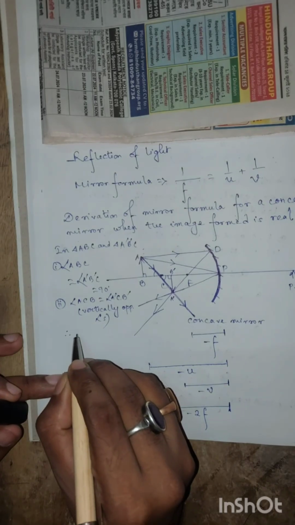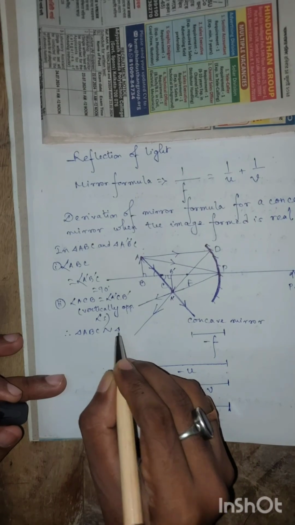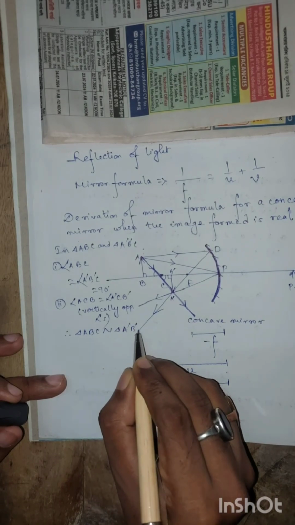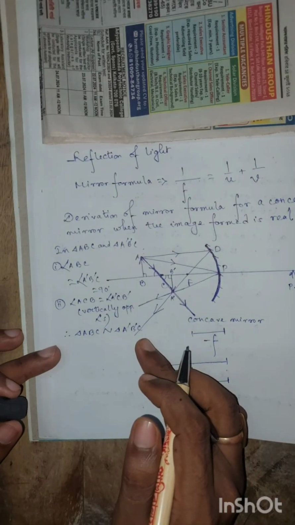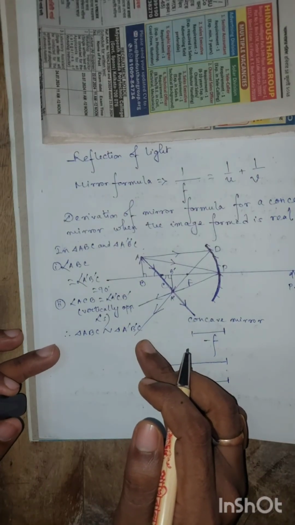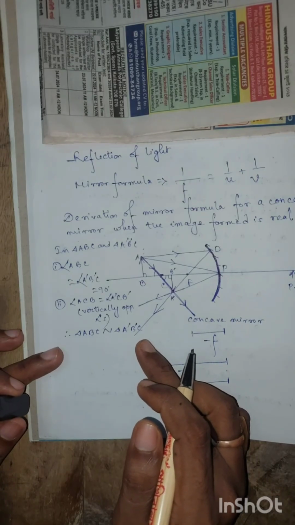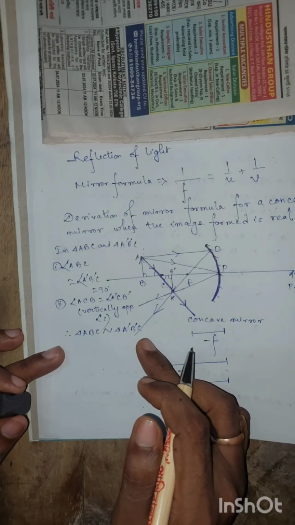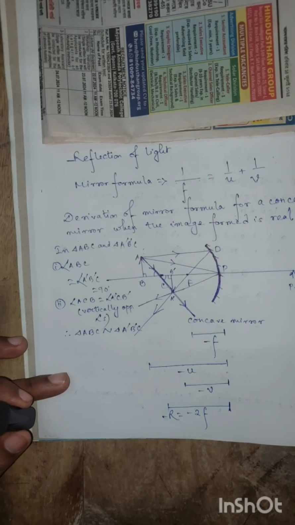And therefore, triangle ABC is similar to triangle A dashed B dashed C. So when two triangles are similar, the ratio of corresponding sides will also be equal.